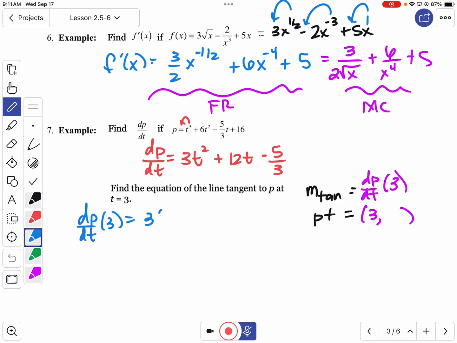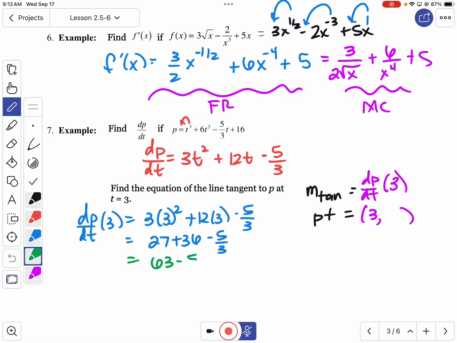So we would take 3 times 3 squared plus 12 times 3 minus 5/3. Okay, do a little math. It's not going to be terrible. 27 plus 36 minus 5/3, which would be 63 minus 5/3. 189 over 3 minus 5 over 3, so 184 over 3.